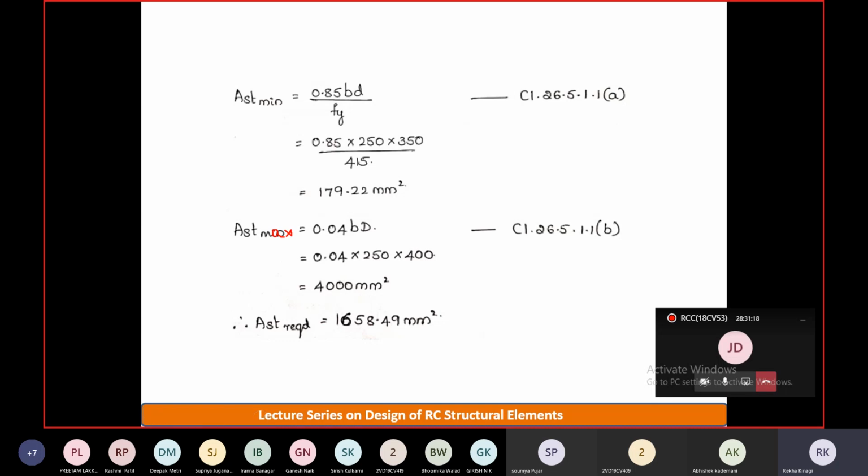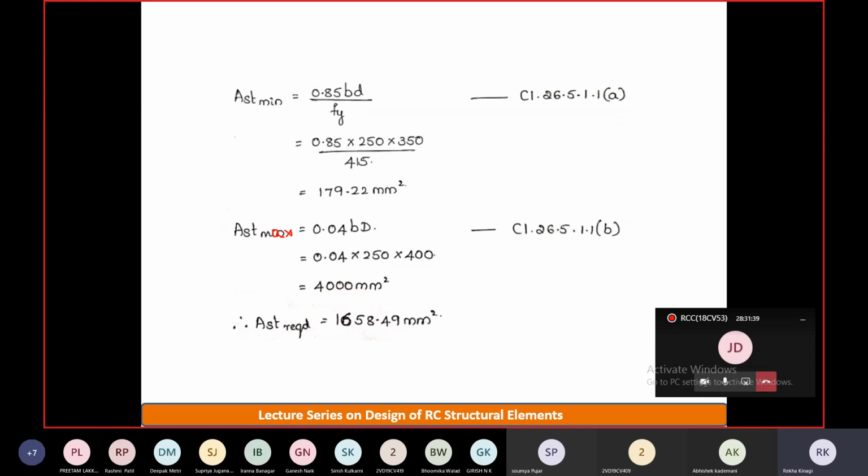Suppose AST minimum was more than AST calculated, then AST required would be AST minimum. And if AST calculated is more than AST maximum, then we are supposed to redesign the section. I repeat this statement, please make note of it.